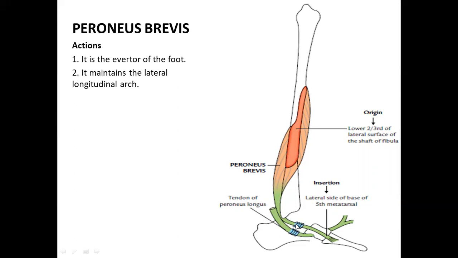Then here it goes down and is inserted into the lateral side of the base of the fifth metatarsal bone. It is also a chief everter of the foot, and it maintains the longitudinal arch.